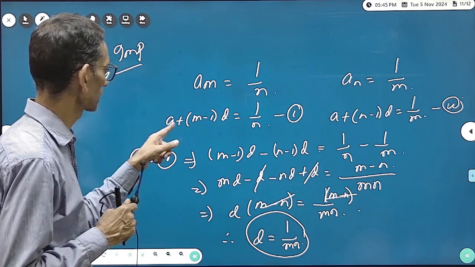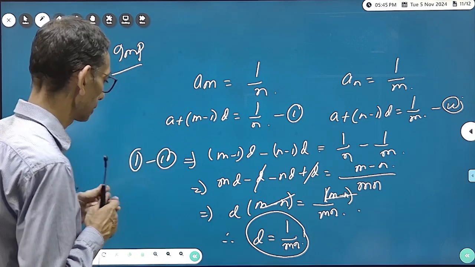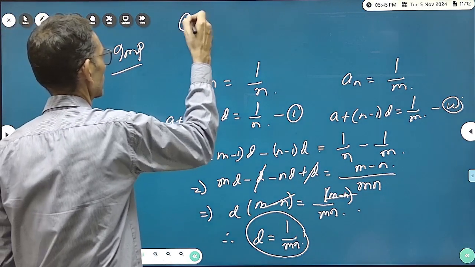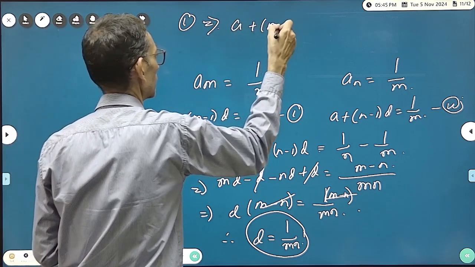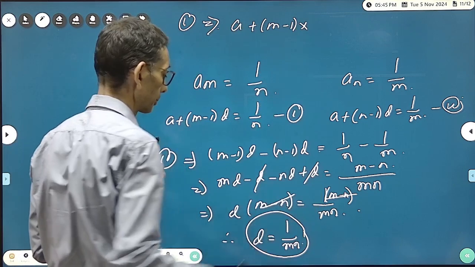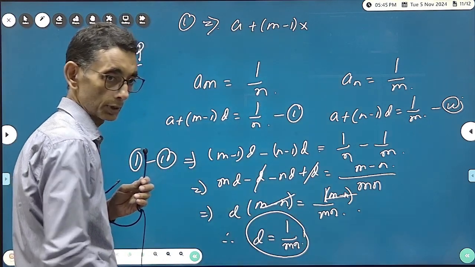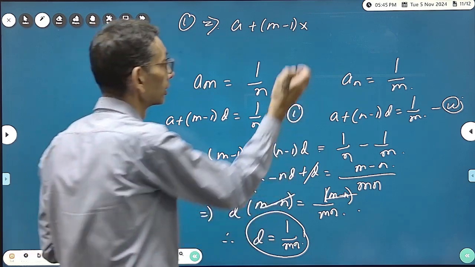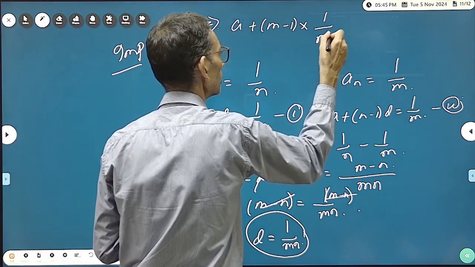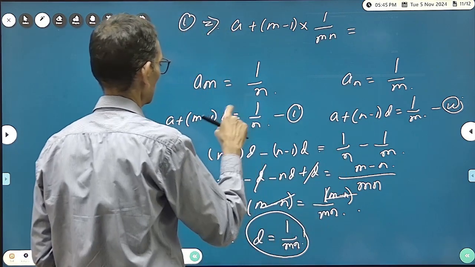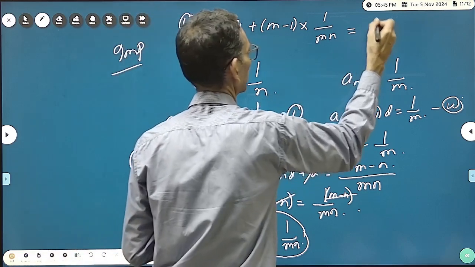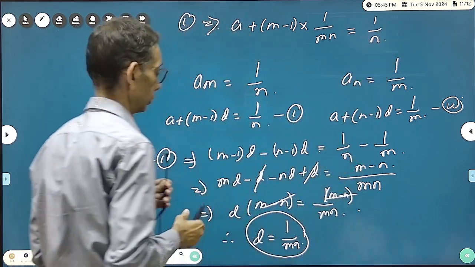We'll use equation 1: A plus m minus 1 D. What is the value of D? D is 1 by mn, and this is equal to 1 by n, right?